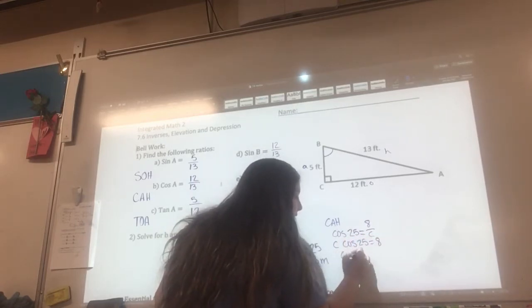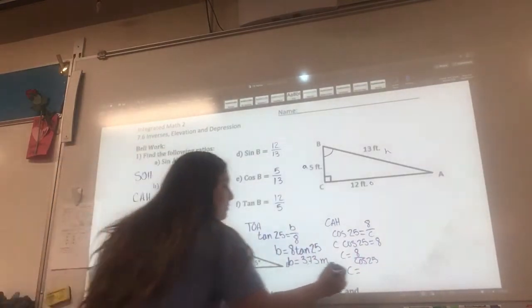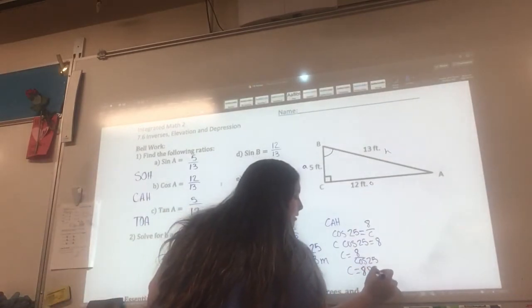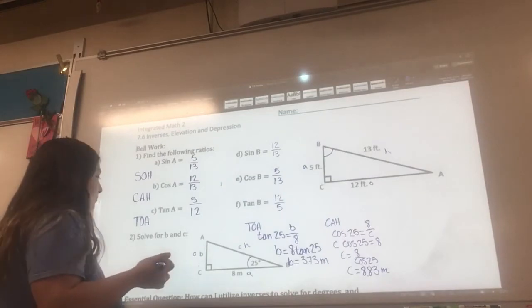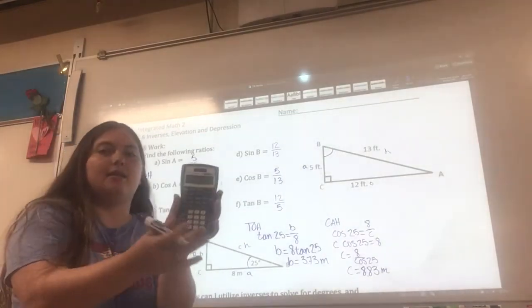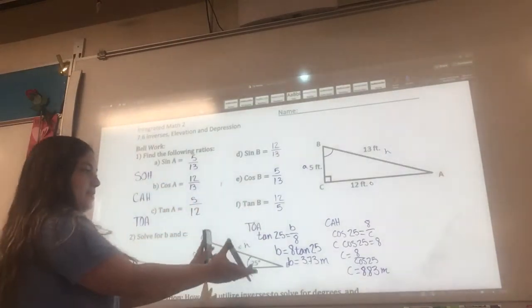Then we're going to divide by cosine of 25. So C is going to equal 8.83 meters.